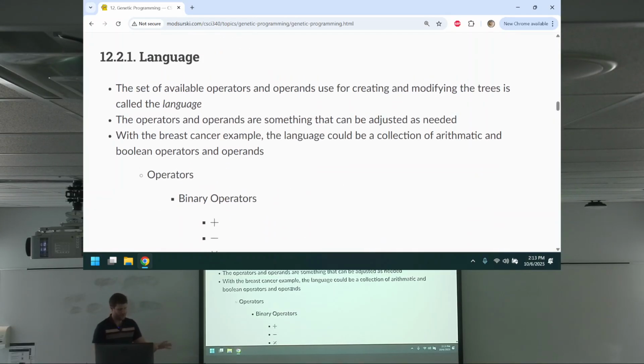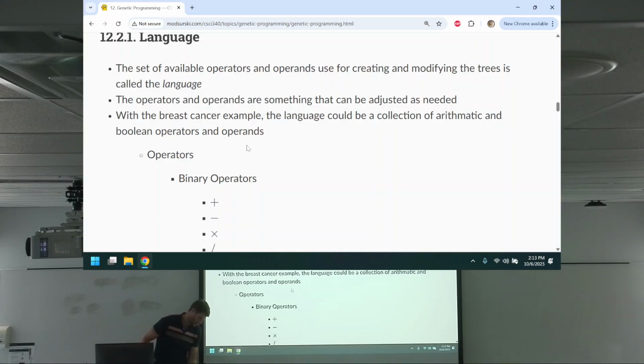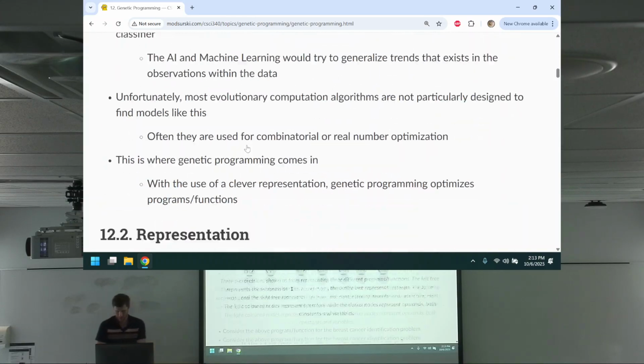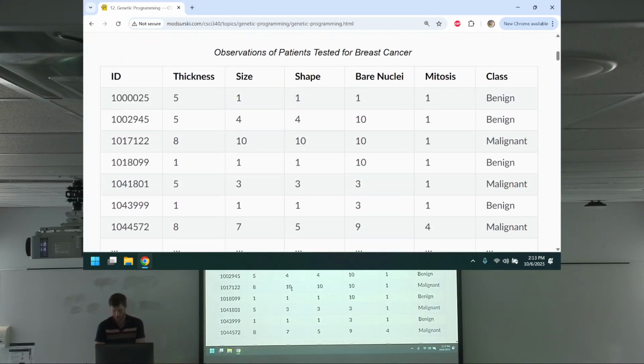And again, I really want to emphasize here, if you don't get the variables, consider that imagine we're building f of t, size, shape, bn, and mitosis.